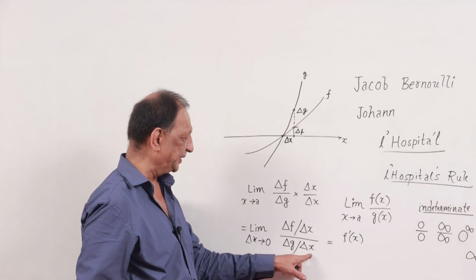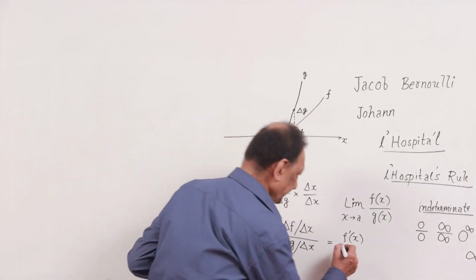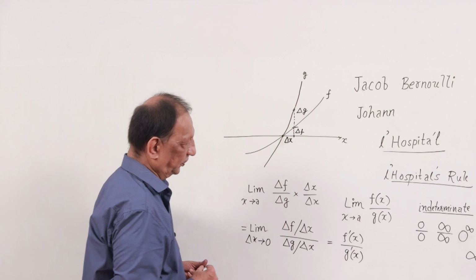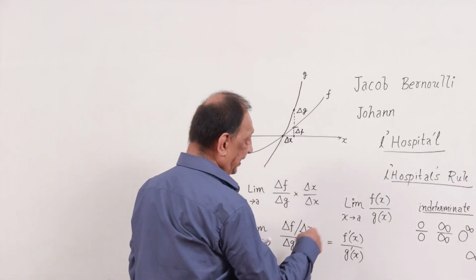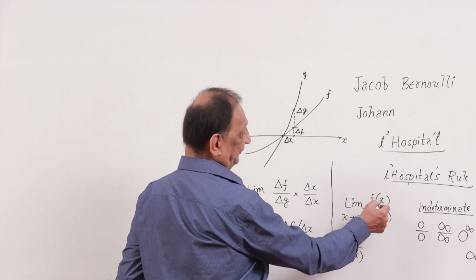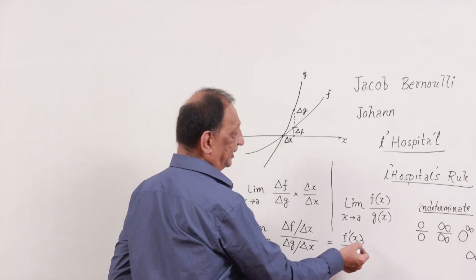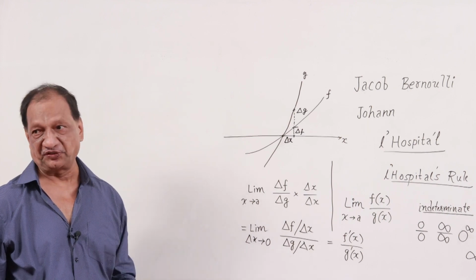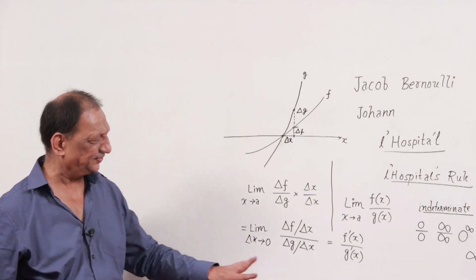And the limit of delta g by delta x as delta x goes to 0 is g prime of x. So the limit of f(x) by g(x) as x goes to a will be the same as f prime x by g prime x. That is L'Hopital's rule. Very, very nice.